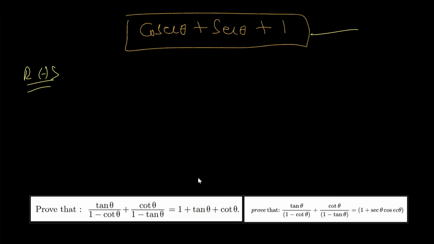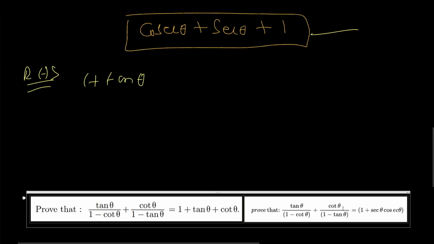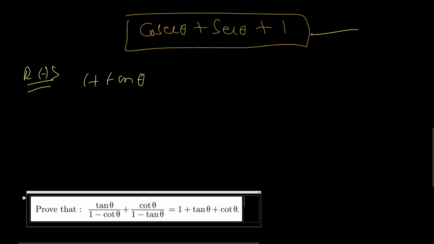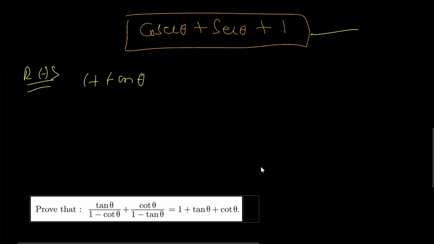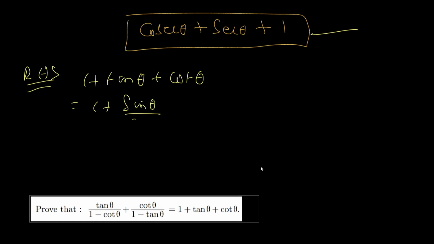First I'm writing the RHS. The RHS over here is 1 plus tan theta plus cot theta. So tan is what? Sine theta over cos theta. And cot is what? Cos theta over sine theta.